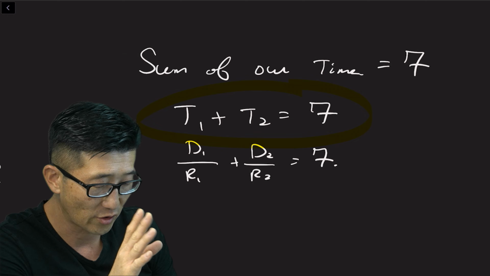But notice we can change the T into another equation. What is T equal to? T is equal to distance divided by rate. So now I can use D over R and replace T1 with D1 over R1 plus D2 over R2 equals 7.